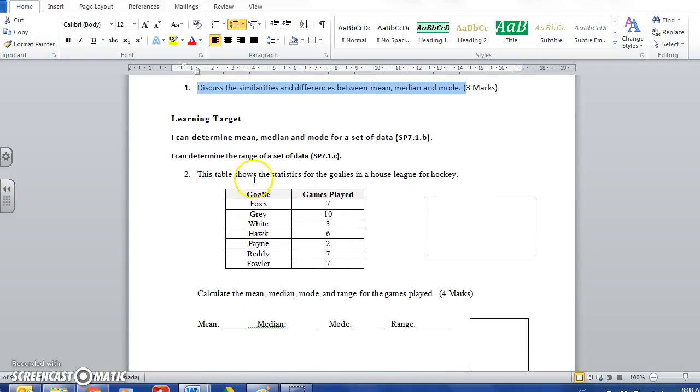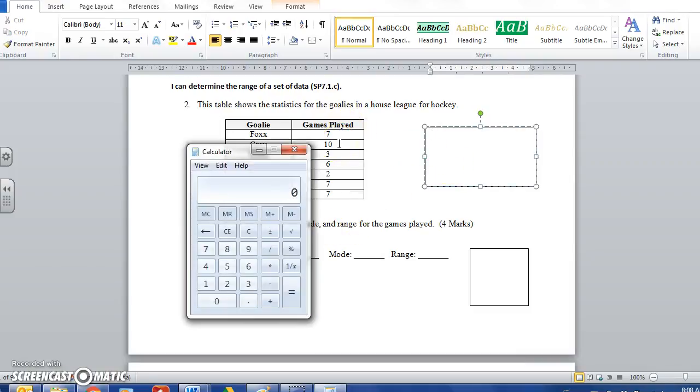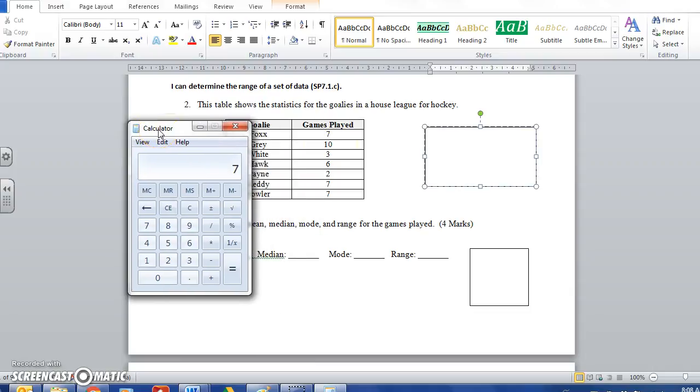Question 2. This is where we're going to put this into practice. So it gives you some statistics for goalies here in a hockey league, and you were to calculate the mean, median, mode, and range for each of the games played. Step 1 is I am going to add up all my totals here. 7 plus 10 plus 3 plus 6 plus 2 plus 7 plus 7 equals, oh, perhaps I'm wrong, 42.